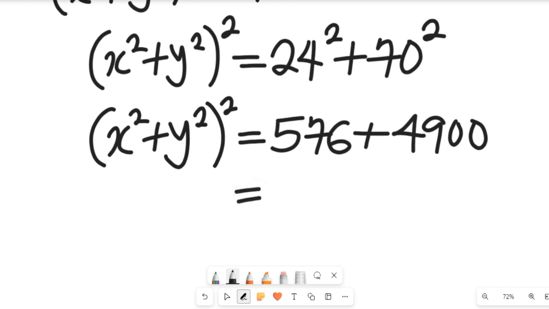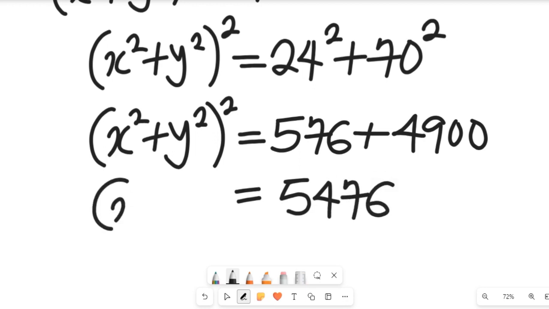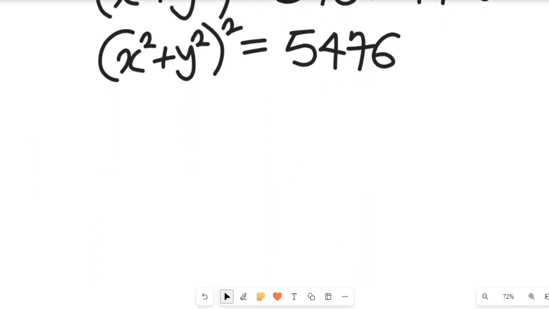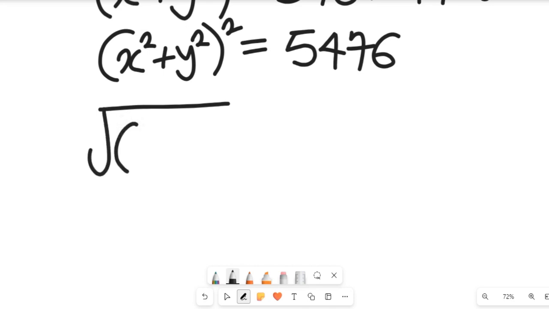If we add that, we have 5476, and this is equal to x squared plus y squared all squared. So what do we do from here? To simplify this, we simply take the square root of both sides in order to clear the square. We'll have x squared plus y squared all squared.